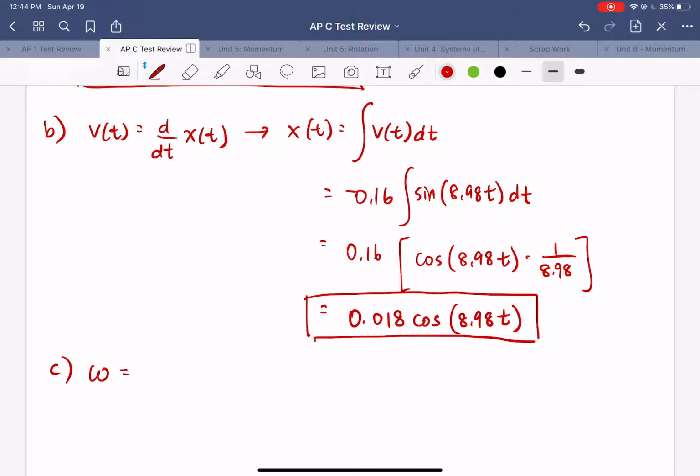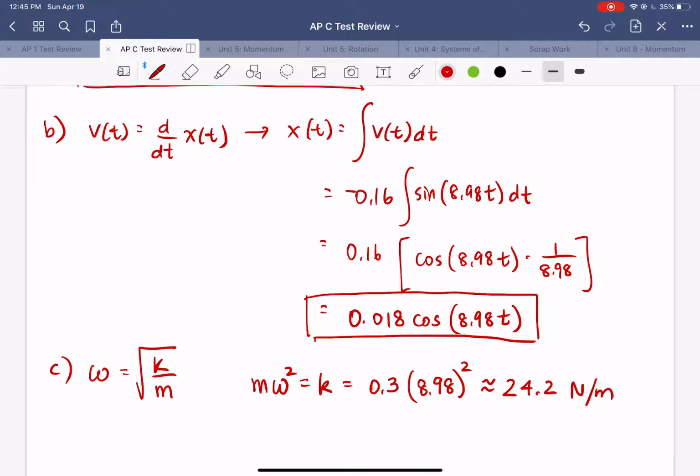And that relation is that omega is equal to the square root of k over m. So if we rearrange this, m times omega squared will be the spring constant k. The mass is given as 0.3 kilograms, and omega was approximately 8.98. So that gives us a spring constant of about 24.2 newtons per meter.